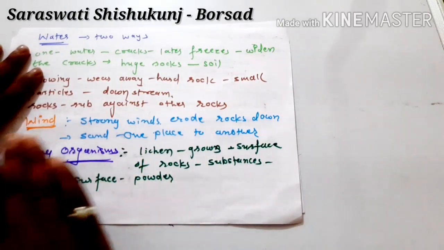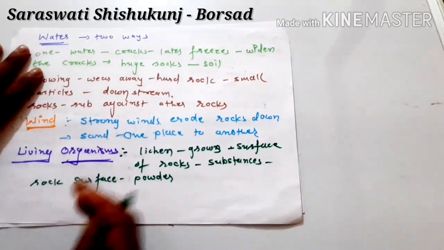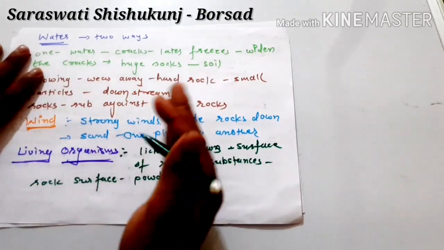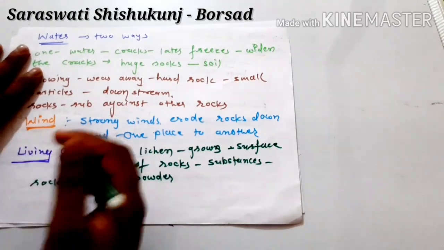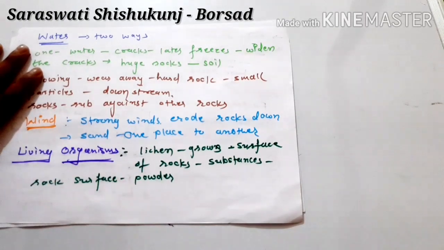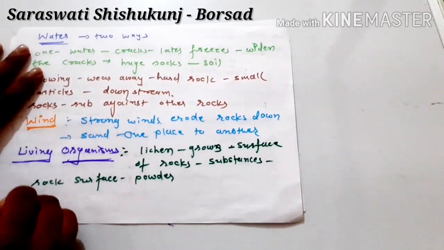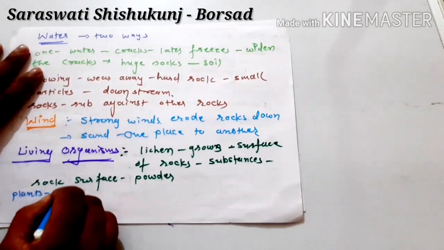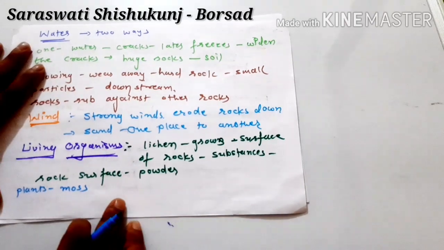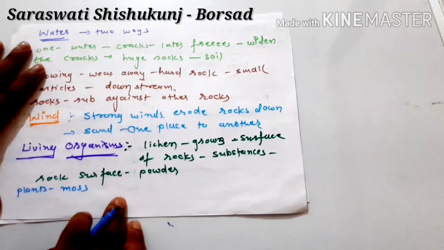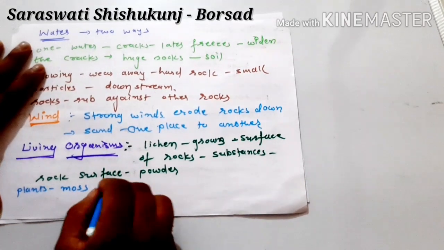It will form a thin layer over the surface, and that thin layer will settle down in the form of soil, right? Some other plants, if we talk about different organisms, some other plants like moss are able to grow on this type of surface, and they cause the rock to break down further.